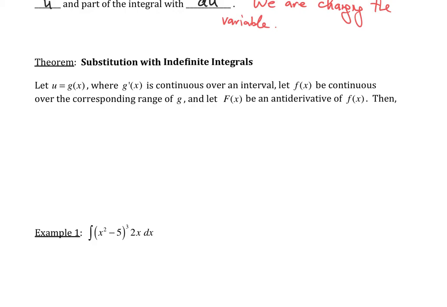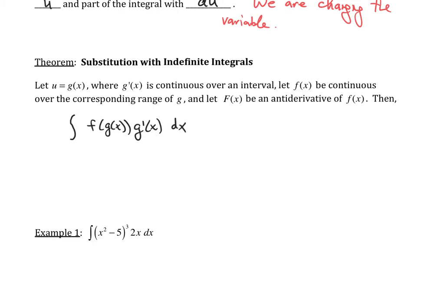Then we will have the following. My integral is going to look like this: f of g of x times g prime of x dx. So my original problem has this really complicated looking structure, and this integrand looks like a chain rule type situation.